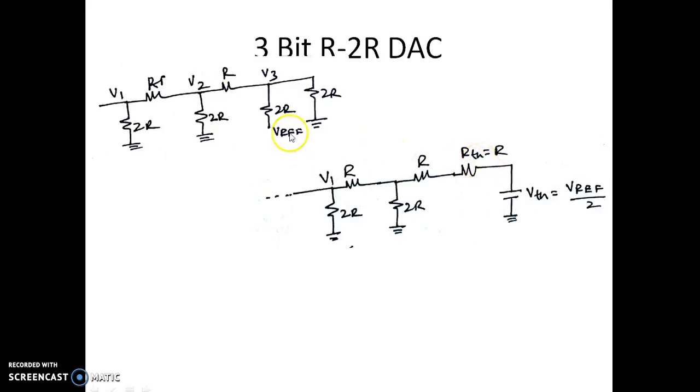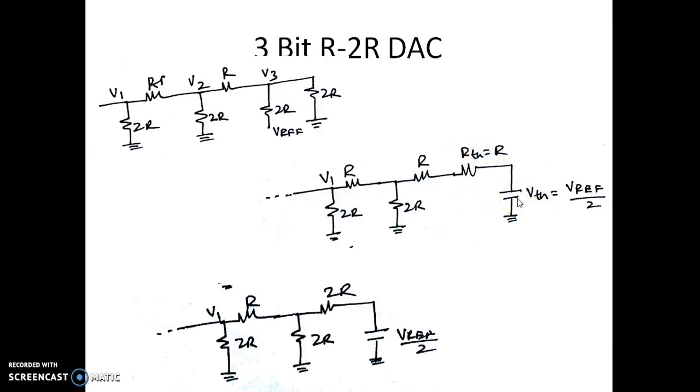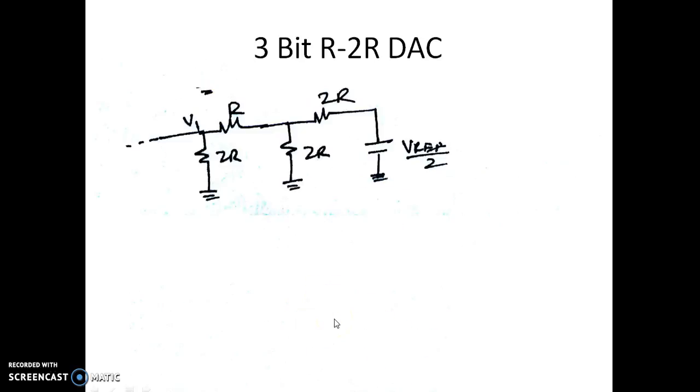Similarly, the R Thevenin is the parallel combination of this 2R, 2R, which happens to be R here. Now the combination of these two resistors, R plus R, happens to be 2R. Looking into the network towards the right side, we can write V Thevenin as this voltage divided by 2, that is V reference by 4, and R Thevenin is equal to R.